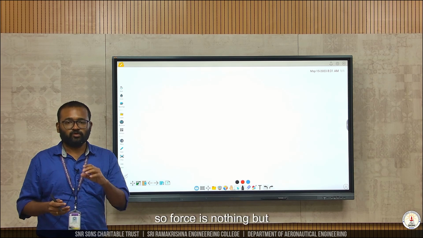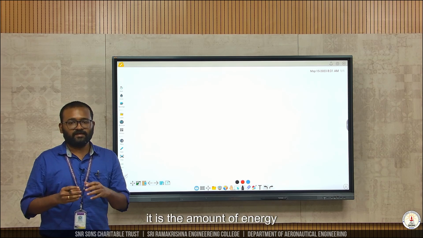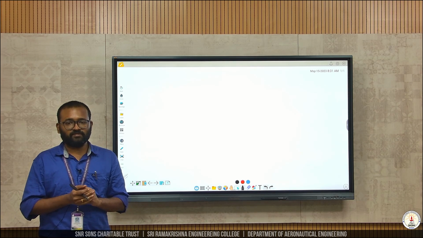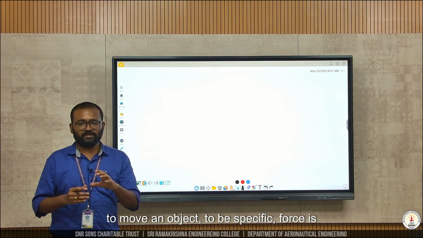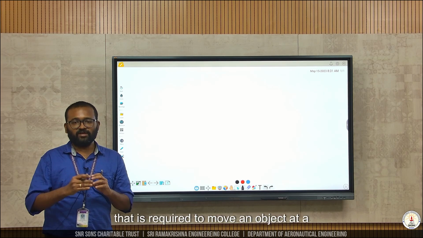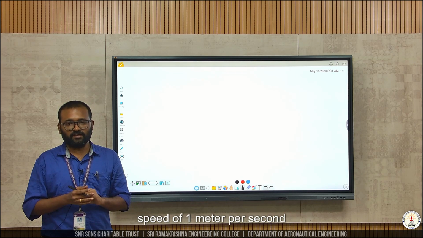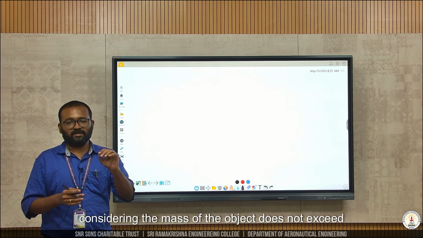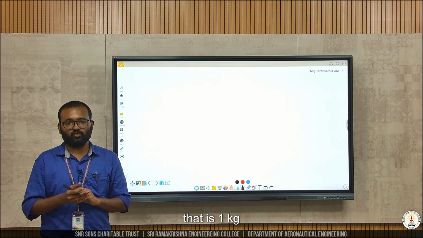Force, in elementary terms, is an amount of energy required to move an object. To be specific, force is defined as the energy that is required to move an object at a speed of 1 meter per second, considering the mass of the object does not exceed the unit value, that is 1 kg.